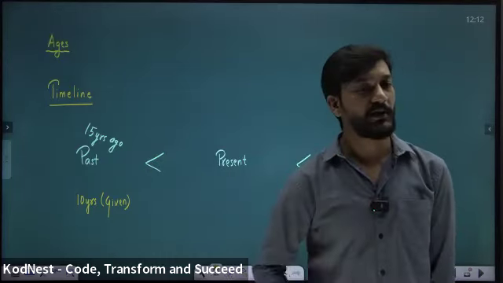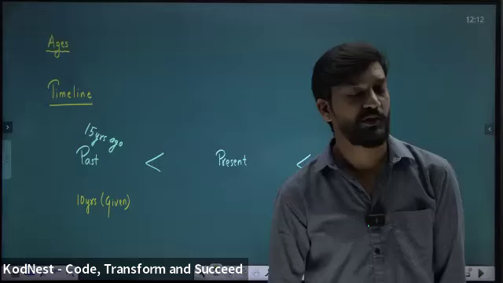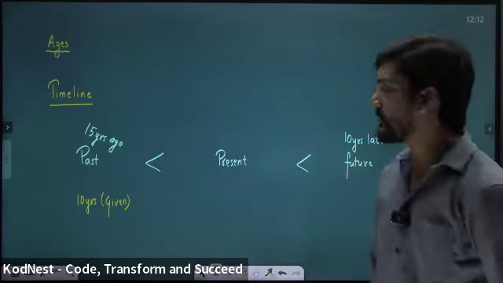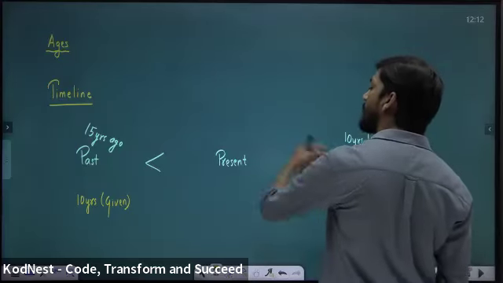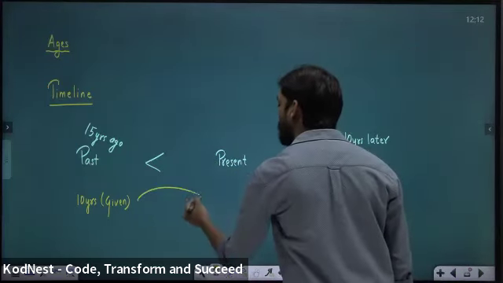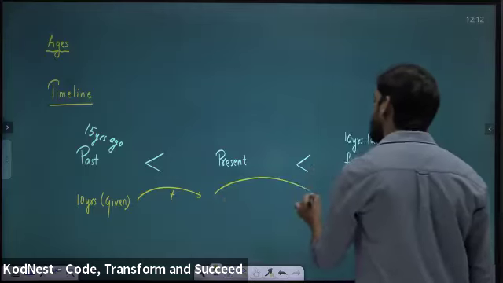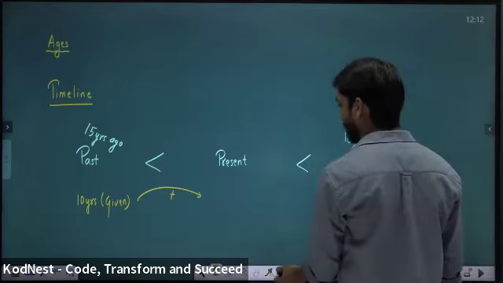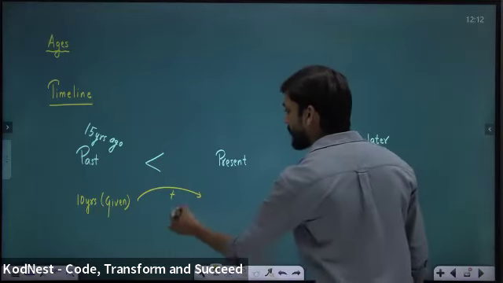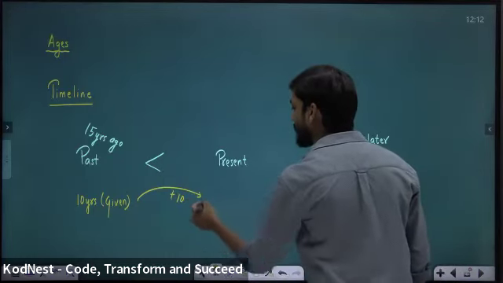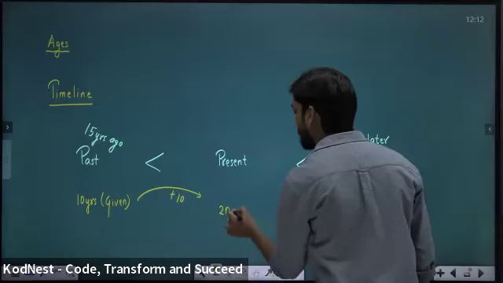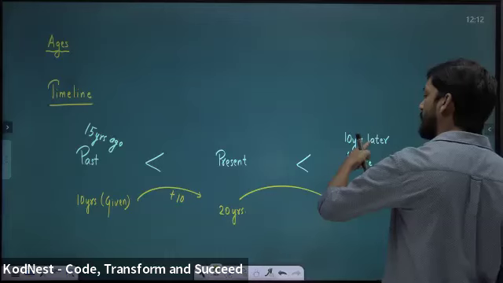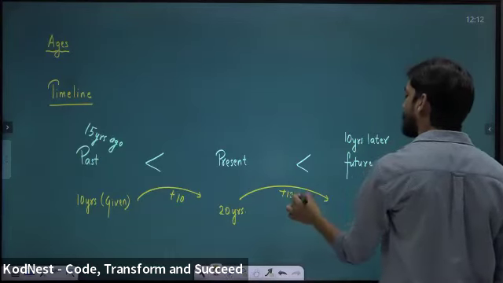So present, how much? Greater or less than the past? Plus, okay. So both the values are greater than the past. So obviously you will have to do plus. Okay, so plus how much? You will say, sir, plus 10. Okay, 10 plus 10, 20. So this is 20 years. Now how much plus you will do? Present to 10 years later, again plus 10. So 30.